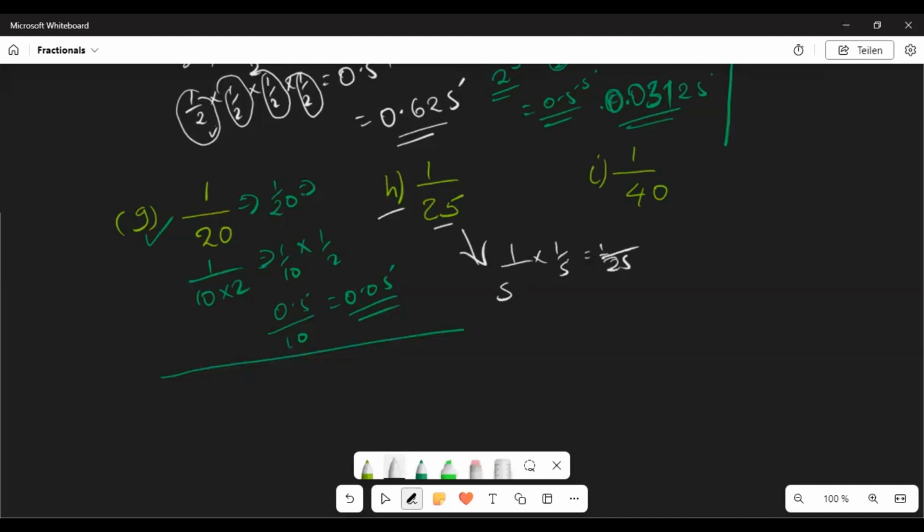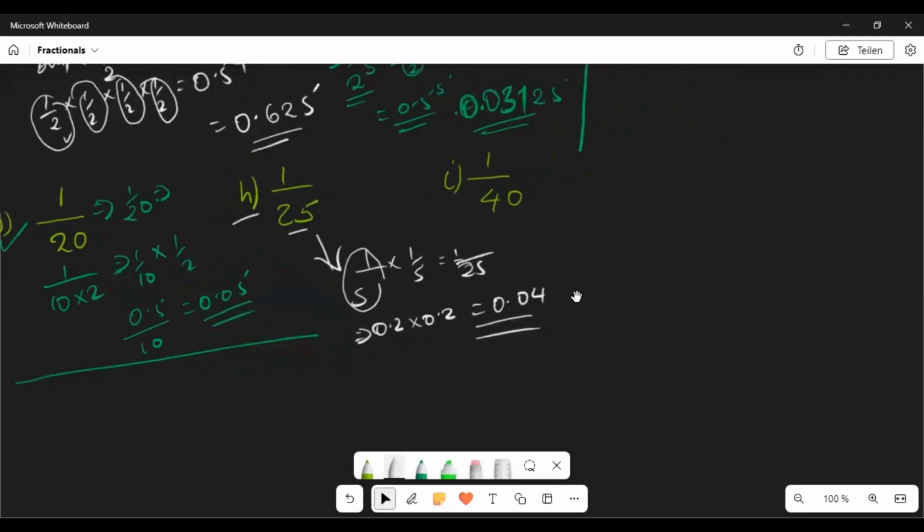Having known that 1 over 5 alone is equivalent to 0.2, in this case we are basically multiplying by 0.2, which will then give us 0.04. So you can use these methods just by knowing. Changing fraction to decimal becomes easier. You don't need a calculator if you know how this functions.